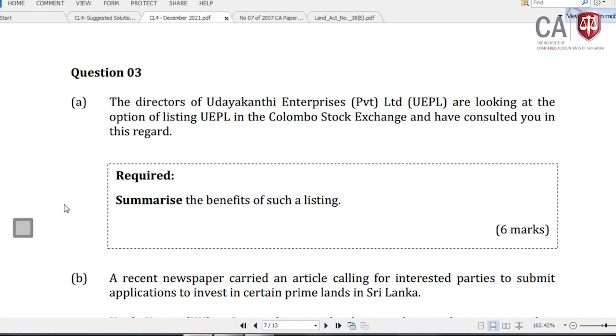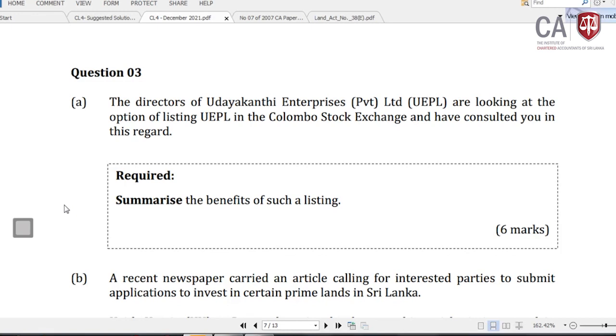Then another point, the listing provides a company better visibility and improves its image and reputation, something that I mentioned. Then it makes future financing easier and cheaper in case of expansion or diversification of the business. As a private limited company, your ability to expand or diversify will be extremely remote.